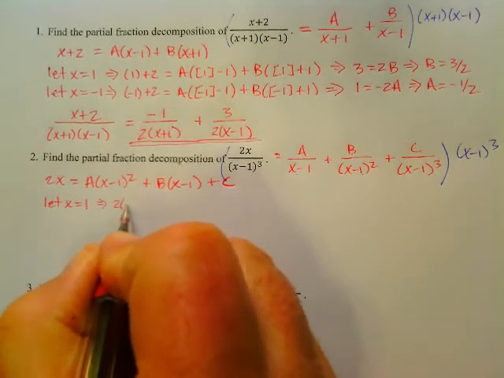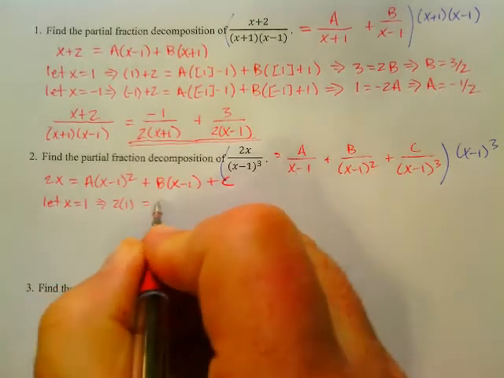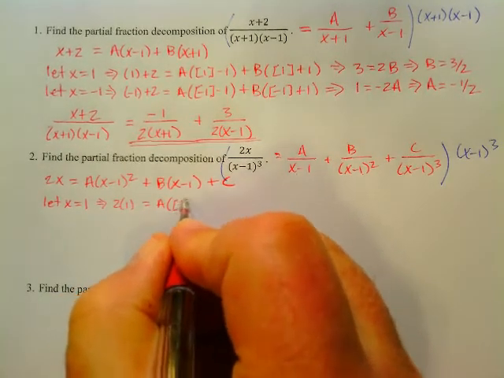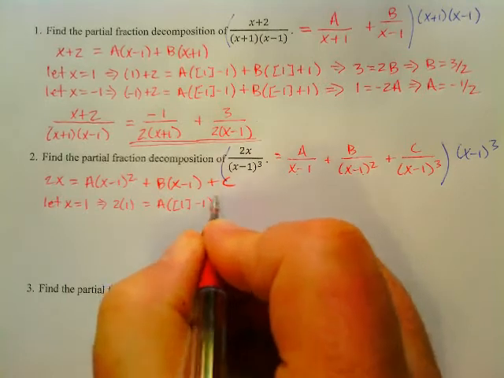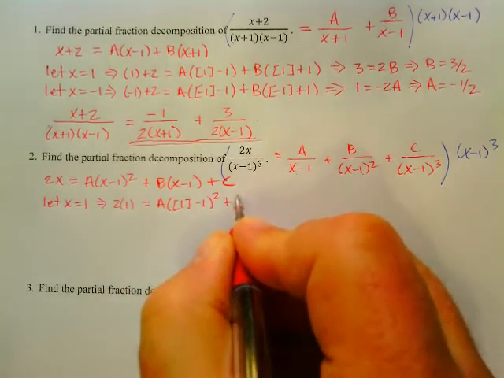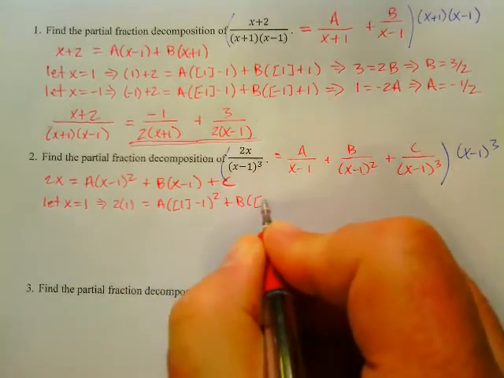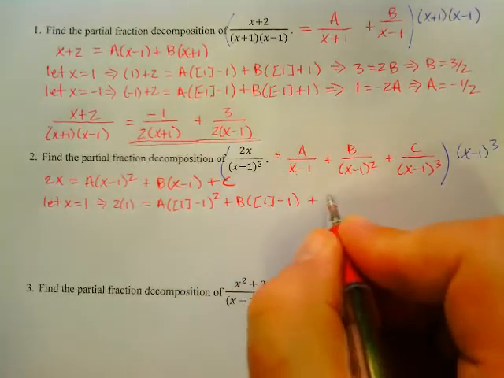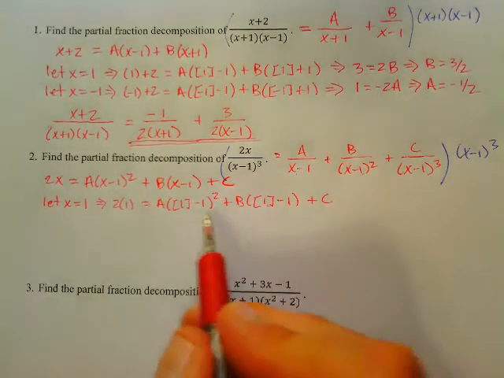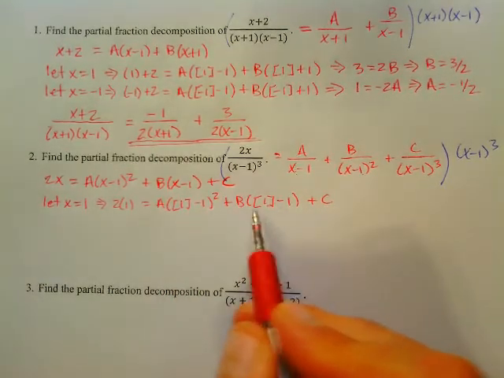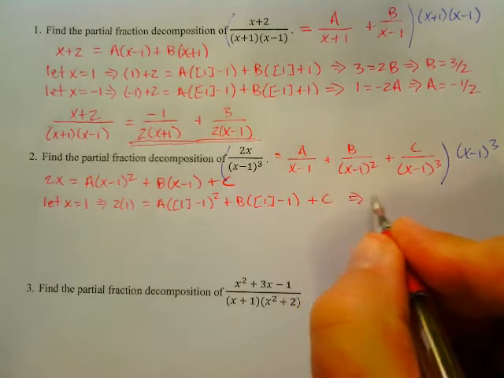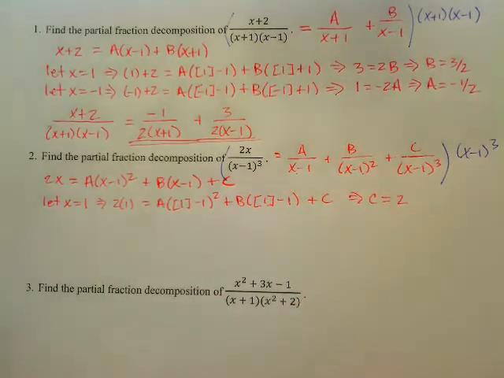So we're going to have 2 times 1 equals a times 1 minus 1 squared plus b times 1 minus 1 plus c. Now, of course, this one will give you 0, this one will give you 0. We have 2 here, and so we're going to end up just with c equals 2. So we have our c.